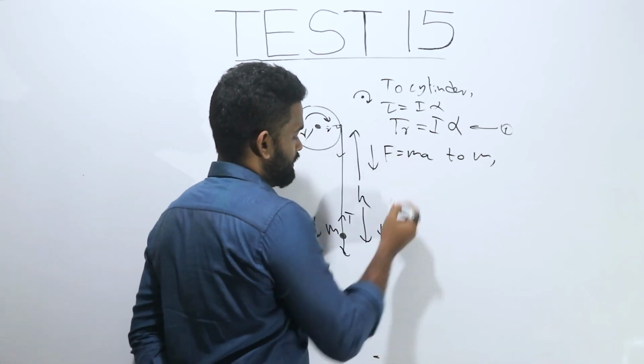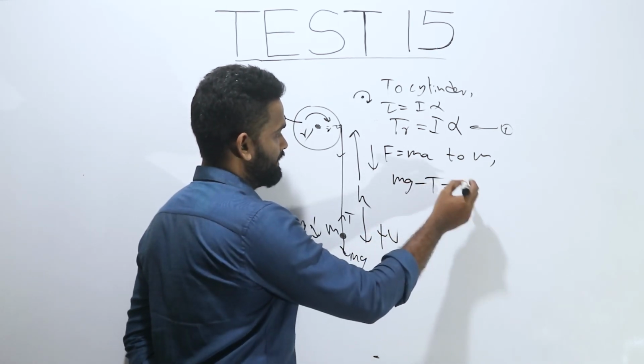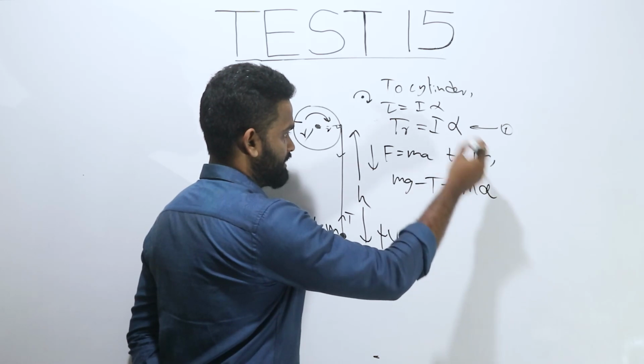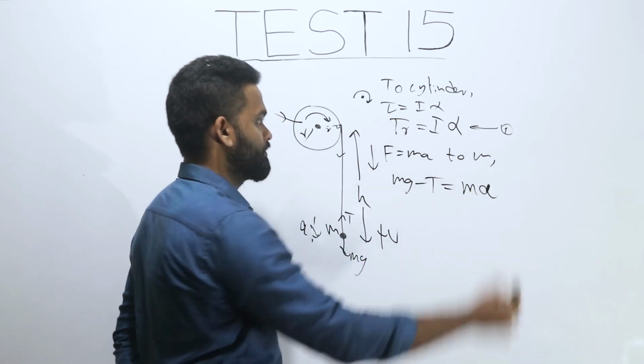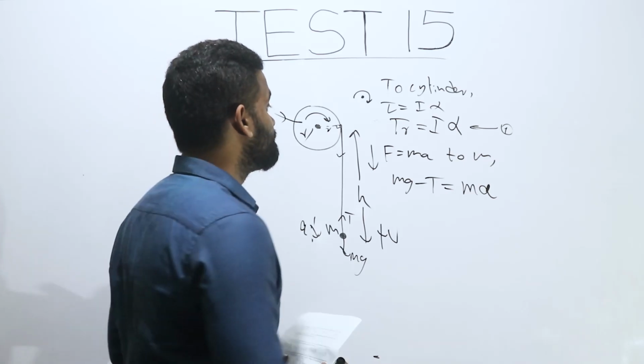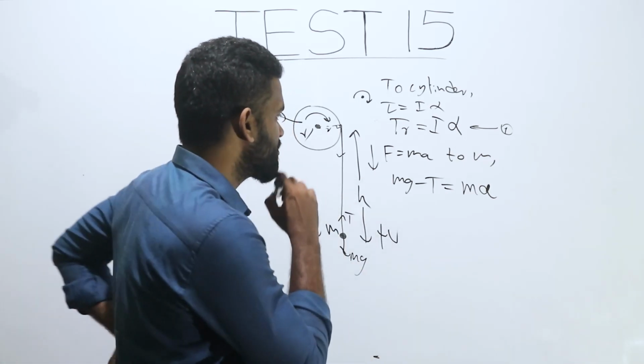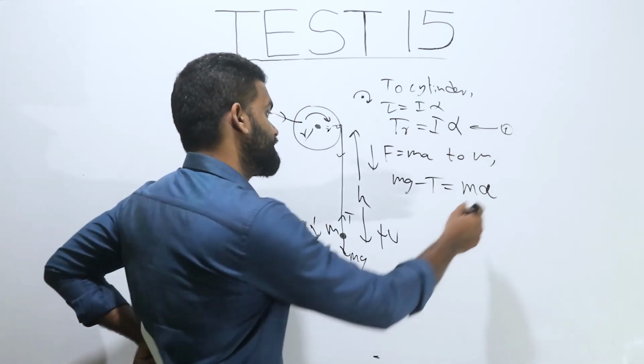Downwards force mg, upwards T equals m times a. Actually, what we need is this simple a.